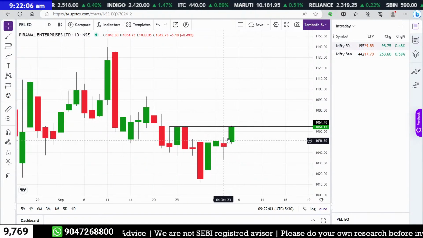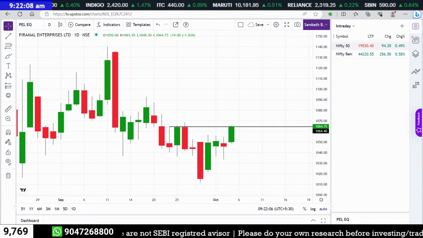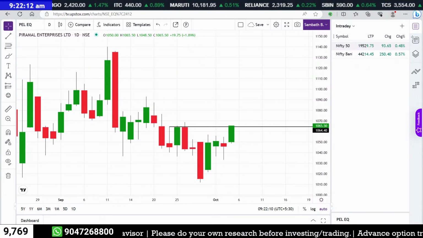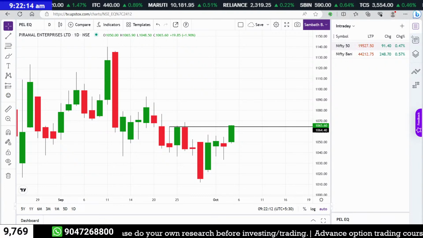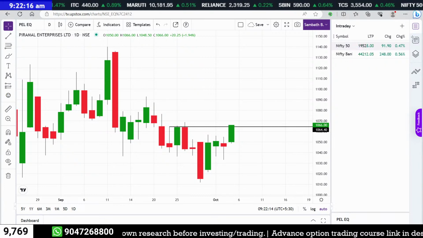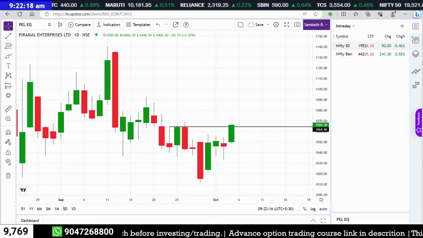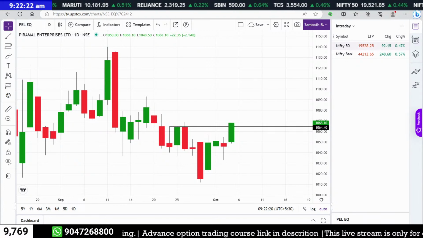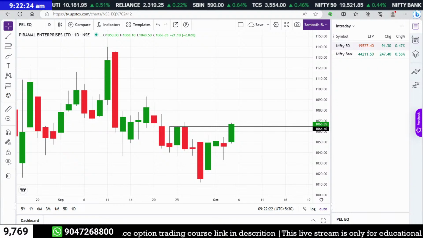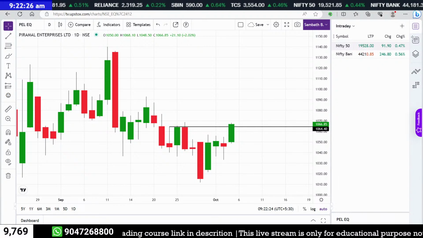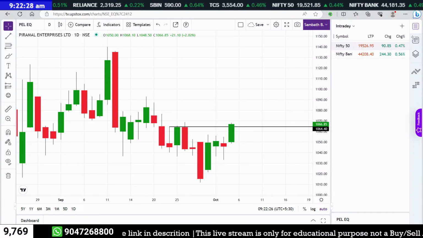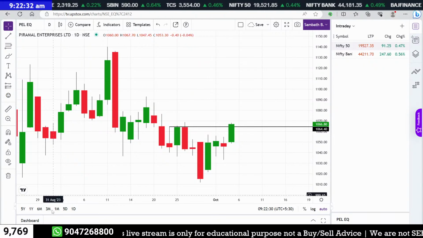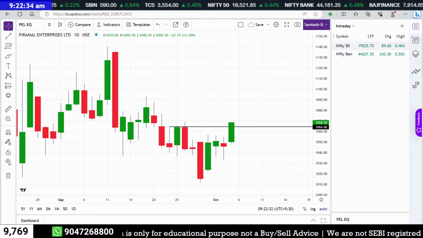That was a hammer and now it is moving. We should wait.